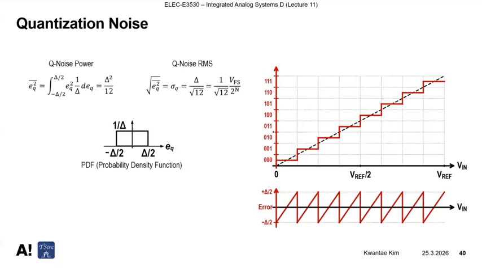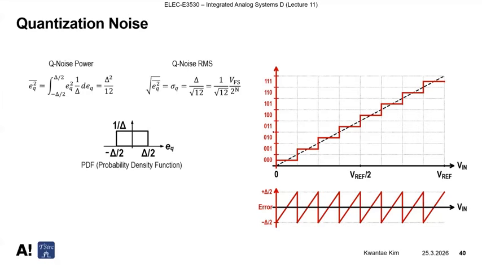And for calculating the RMS value of quantization noise, you can simply take the square root of the power value, which is average power. Then it looks a bit complicated to show in a simple format.